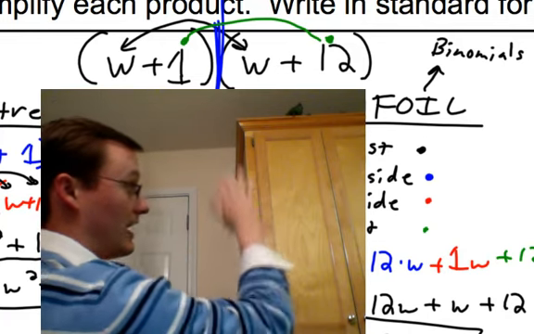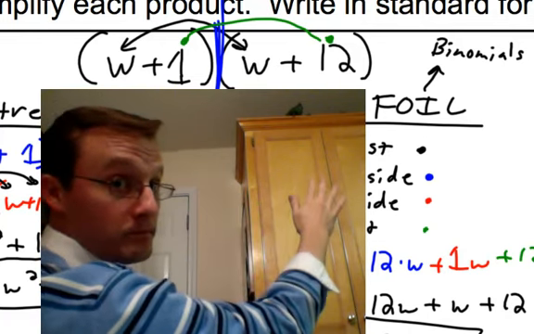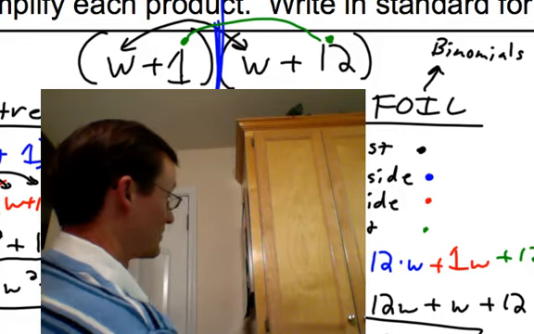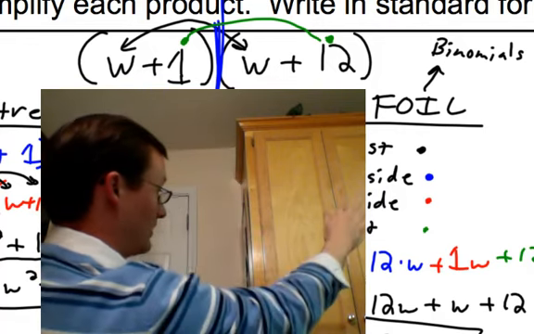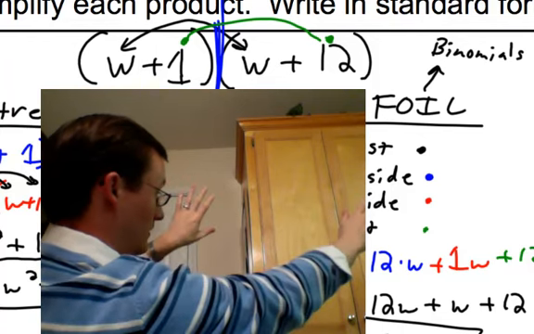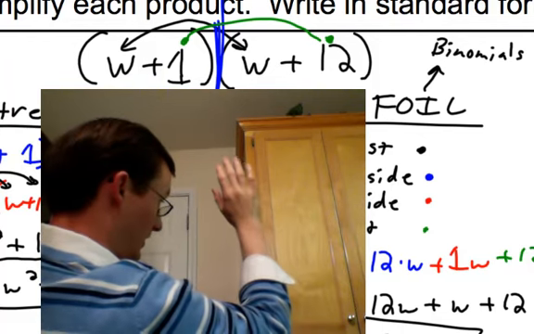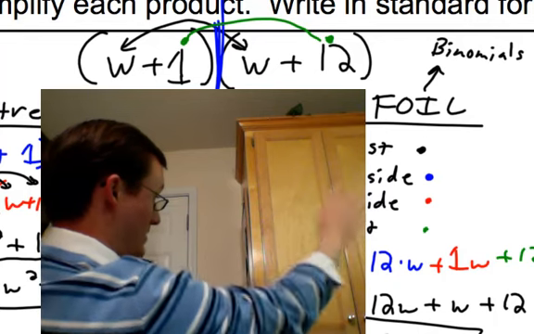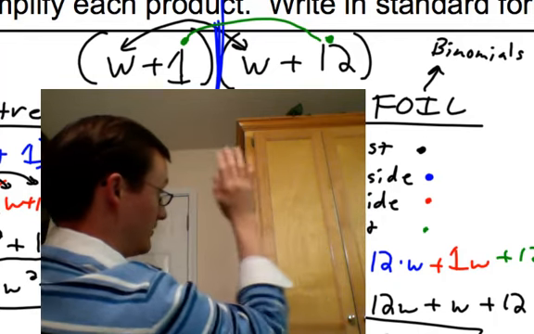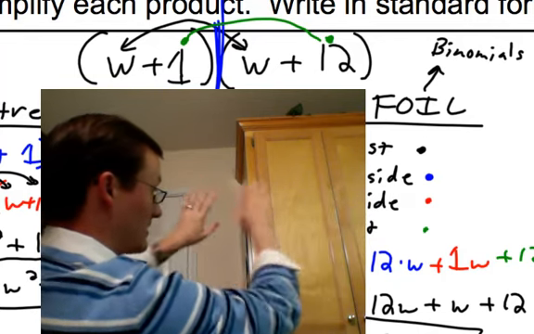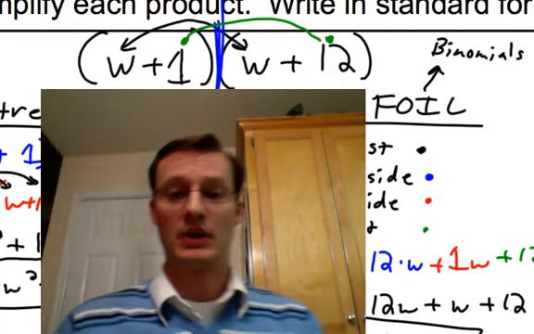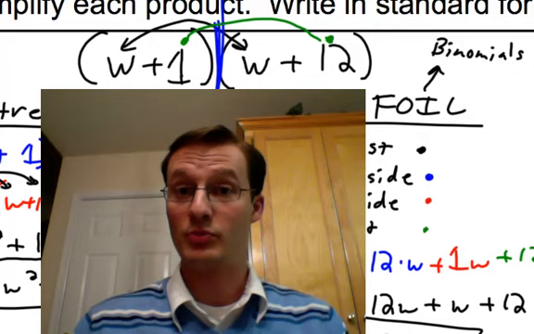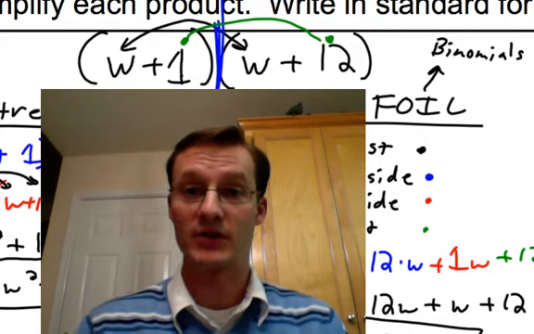This one goes left, right, left, right. And so as you look, it turns into really two sets. You have left and right. So we have first, outside, inside, last. First, outside, inside, last. And that's something that once you get the hang of, you can use to practice so that when you see two binomials, you can multiply them together very efficiently, very quickly.